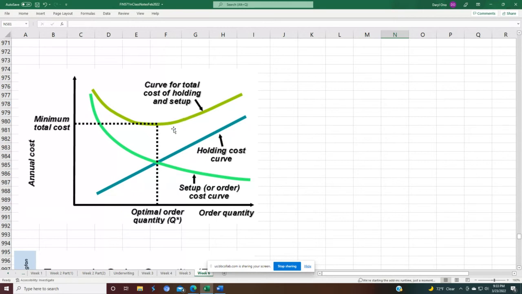Where do you want to be, obviously? At the low point of the olive line. Where is this low point going to occur? You can see here, where the warehousing costs and the ordering costs cross. Where is the low point of your inventory costs going to be? Where your ordering costs and your warehousing costs cross.